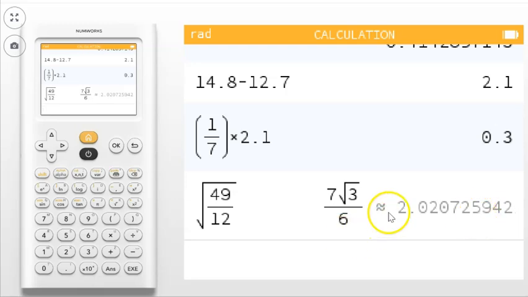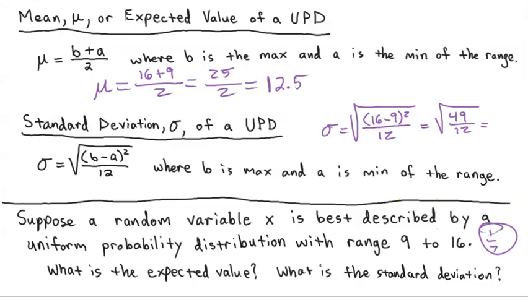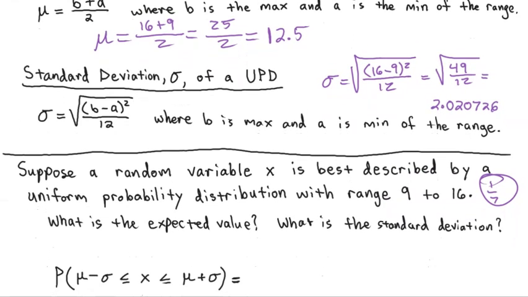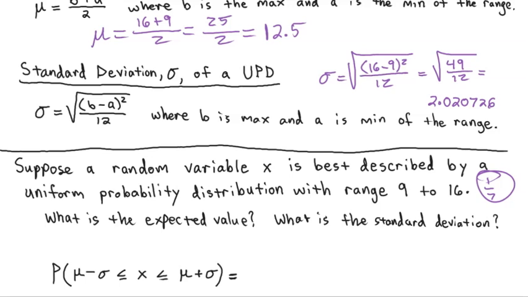2.020726. And that is the standard deviation of this situation down here, this uniform probability distribution that runs from 9 to 16. All right, so I'm going to scroll down here and bring those answers down here.